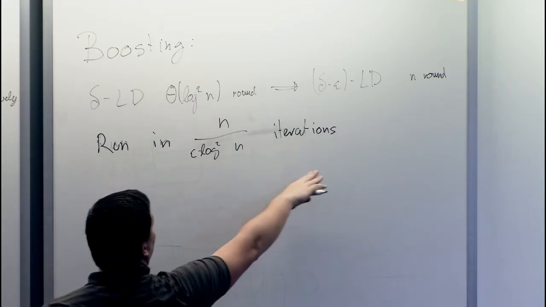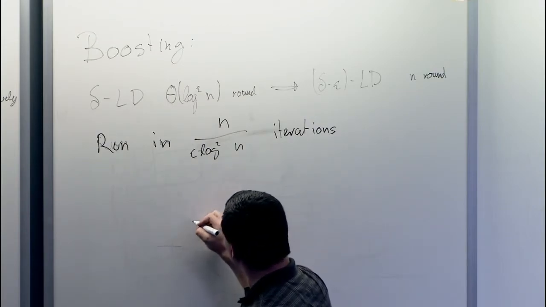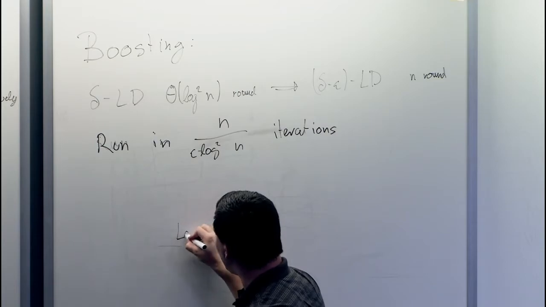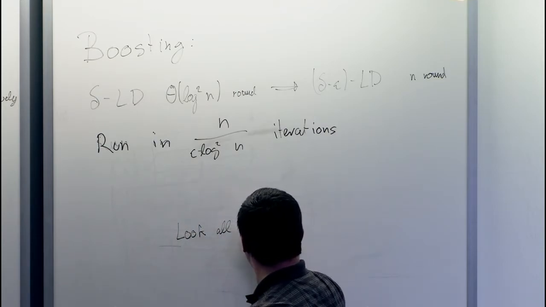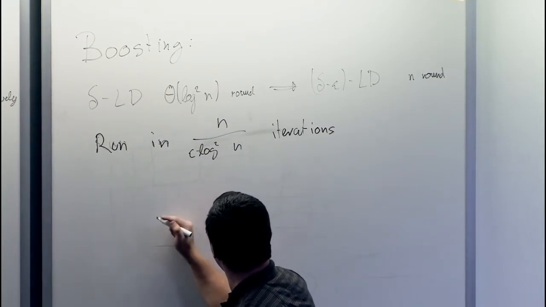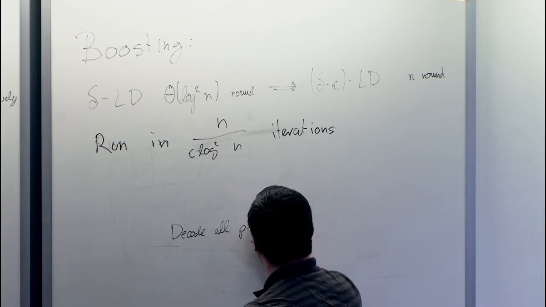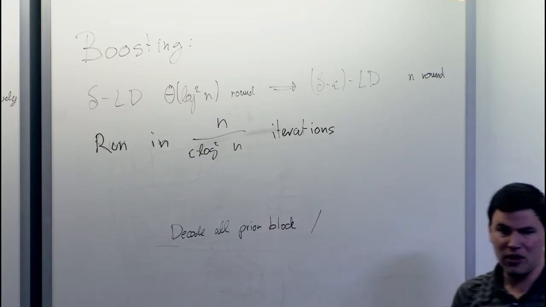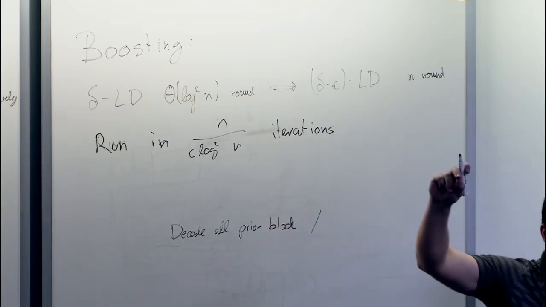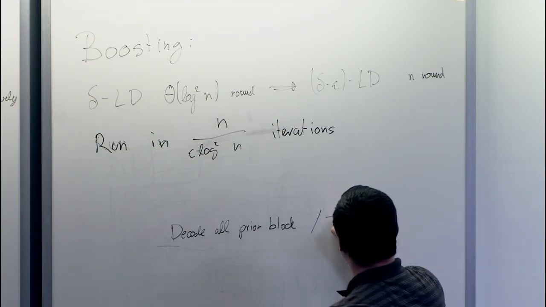In each of these iterations, we run the following protocol. We first look at all prior blocks. So we decode all prior blocks. And then, based on this decoding, we try to interactively find a good place to continue our conversation. Okay? Find a good starting point.